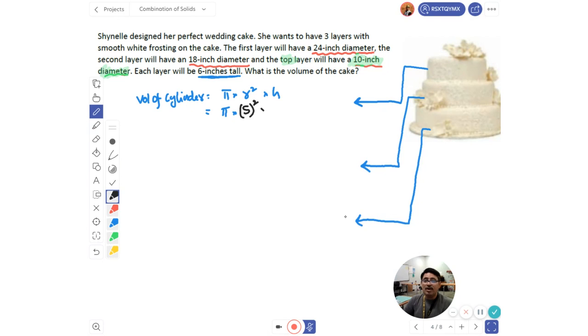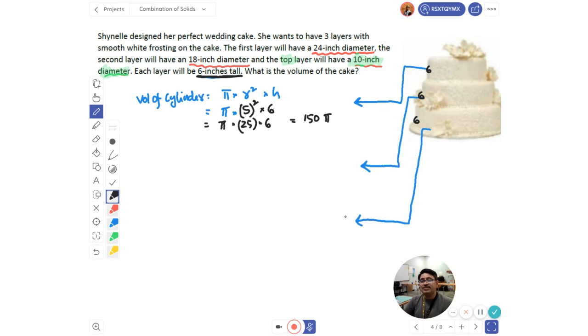And the height: each layer is 6 inches tall. You can see this is 6 inches tall, this is 6 inches tall, and this is 6 inches tall. Therefore height is 6. So pi times 5 square gives me 25 times 6, that is 150 pi cubic units. That I'll write at the end of the story.